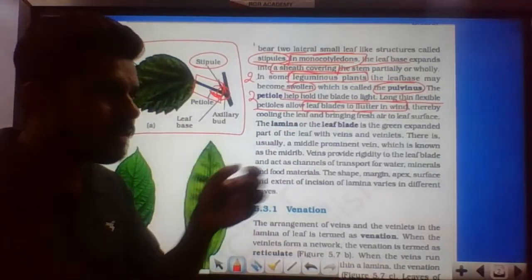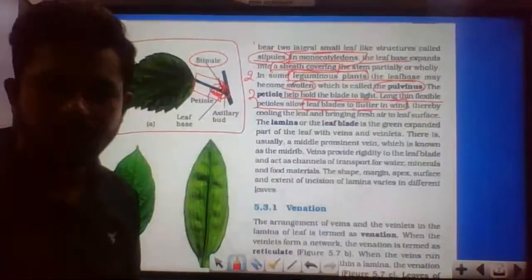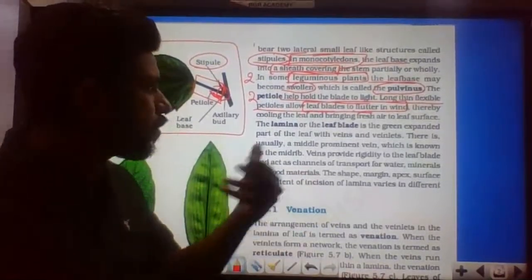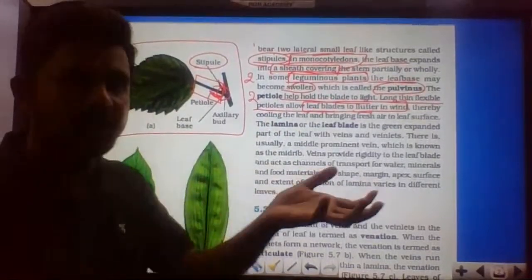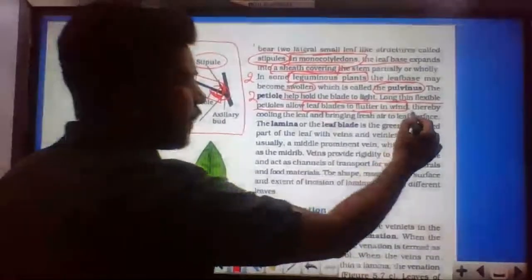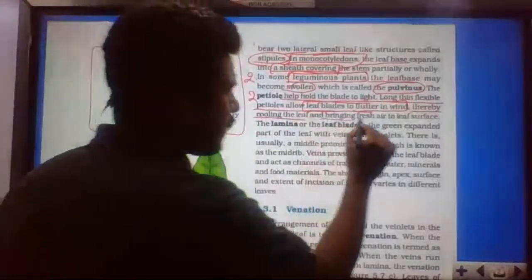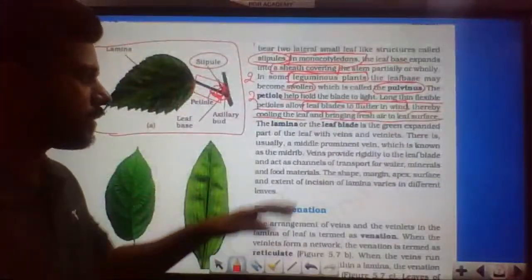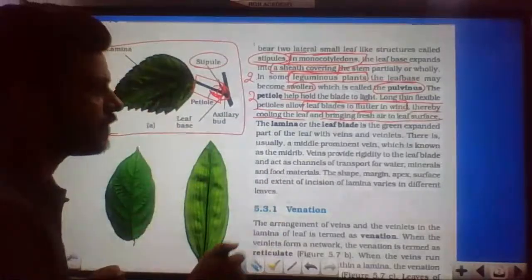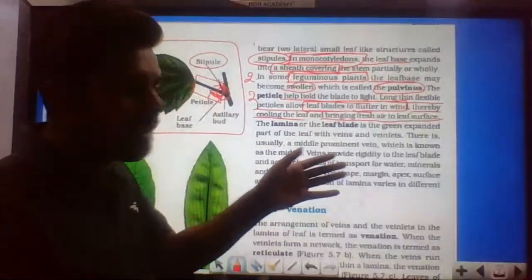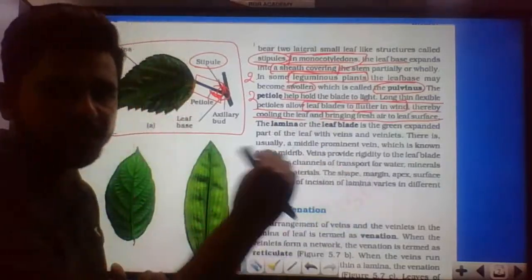So we can expect function-related questions, such as: which of the following functions are related to the petiole? To answer those questions, we have to know the functions or characteristic features of petioles. If there is a flutter in the wind, it cools the leaf and brings fresh air to the leaf surface.